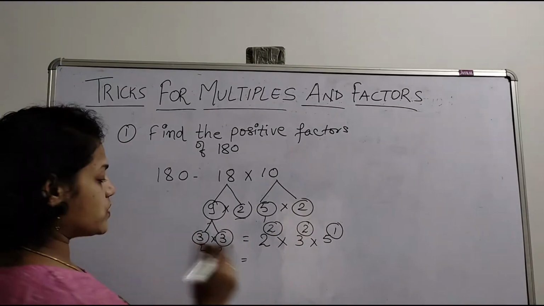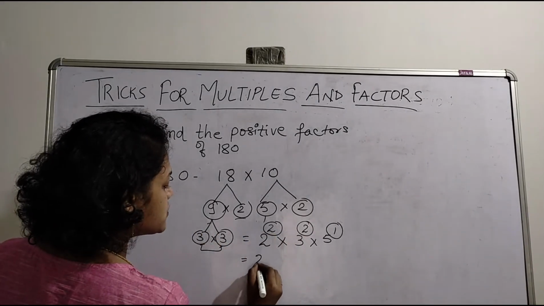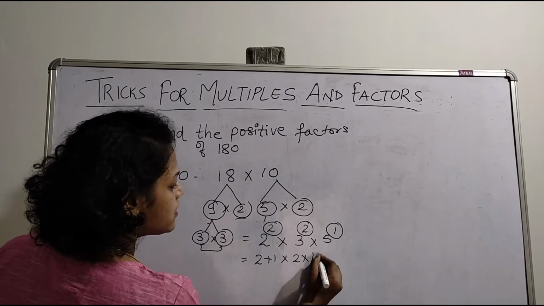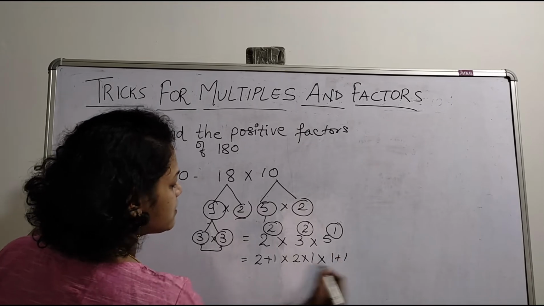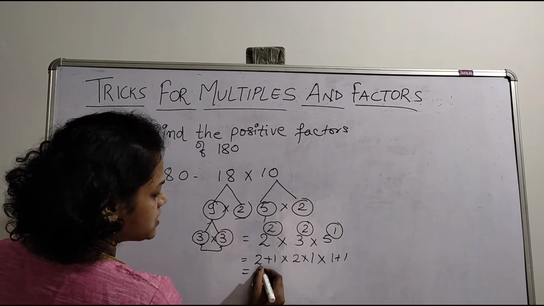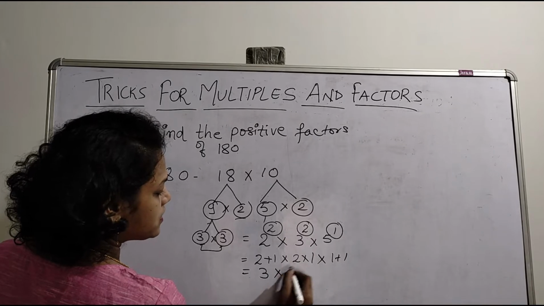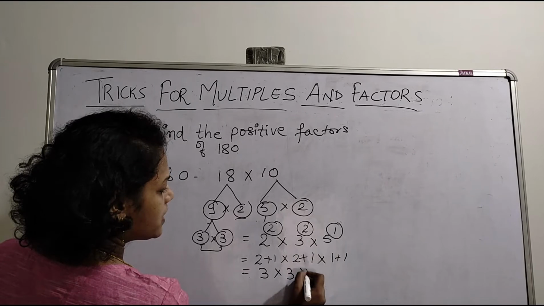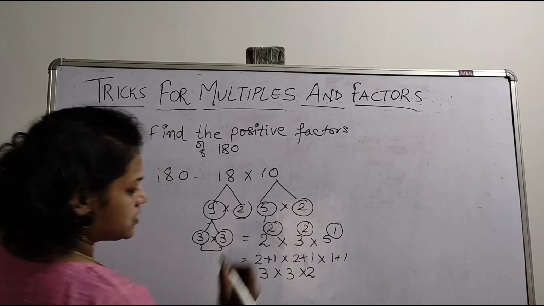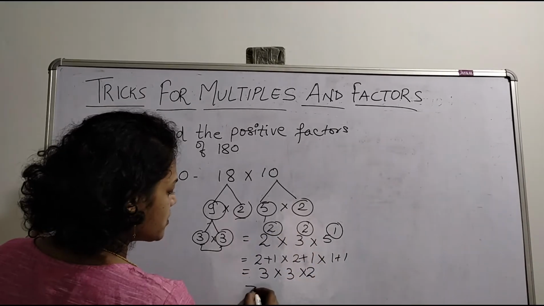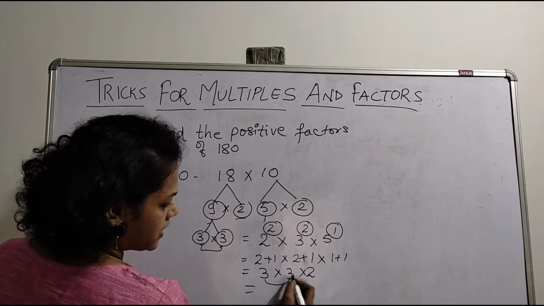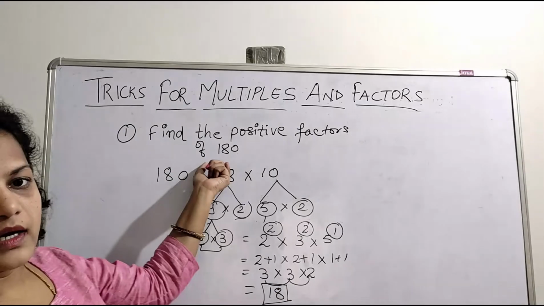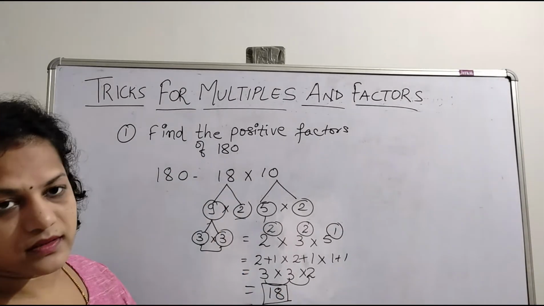My powers are 2, 2 and 1, so 2 plus 1 multiplied by 2 plus 1 multiplied by 1 plus 1. 2 plus 1 is 3, again 2 plus 1 is 3, and 1 plus 1 is 2. So 3 3s are 9 and 9 2s are 18. So how many factors will I get for 180? I will get 18 factors.